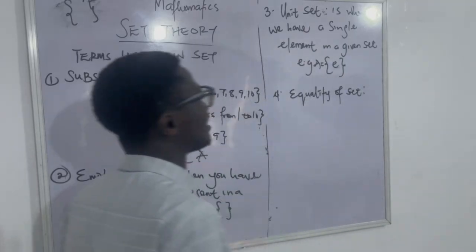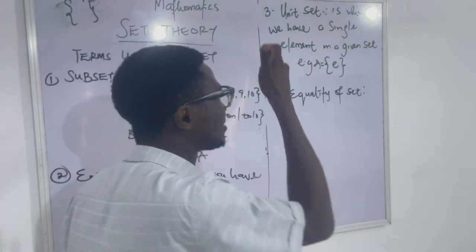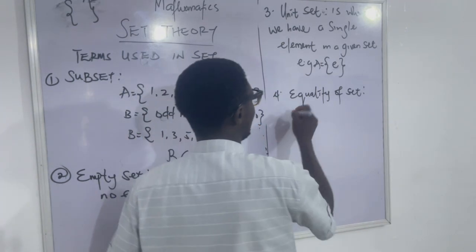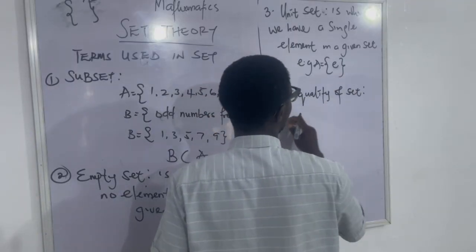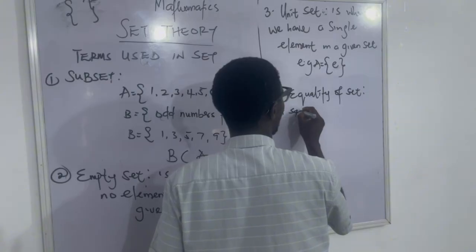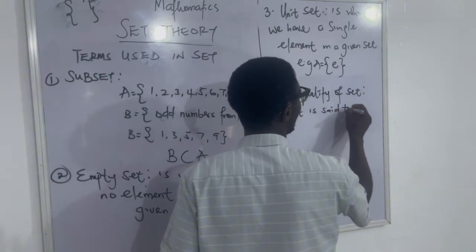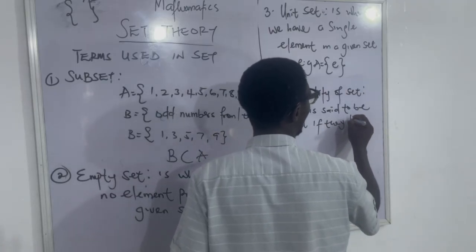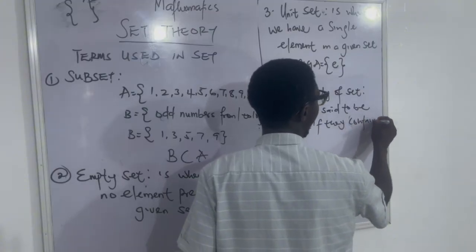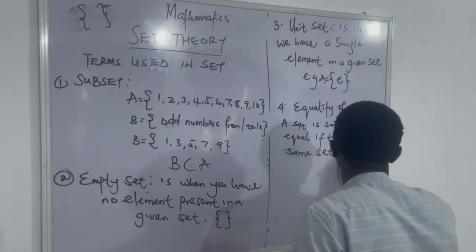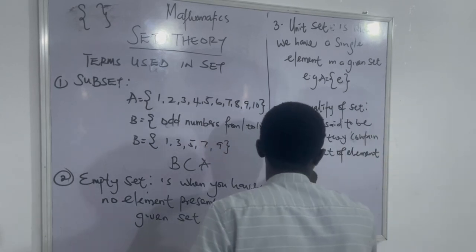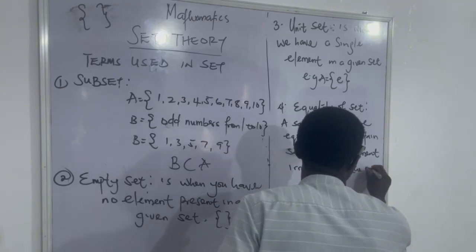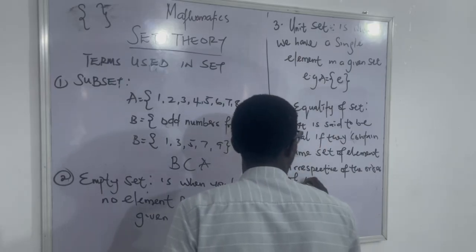A set is said to be equal if they contain the same set of elements, irrespective of the order of arrangement.